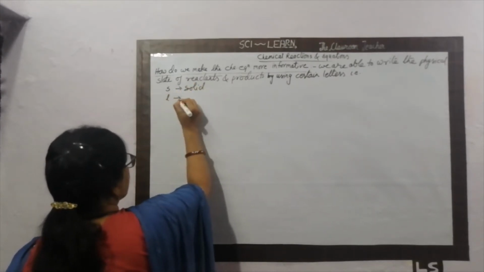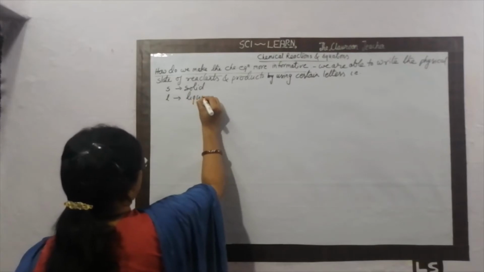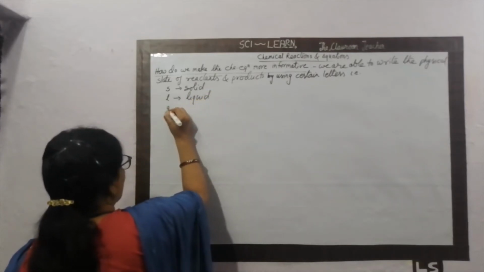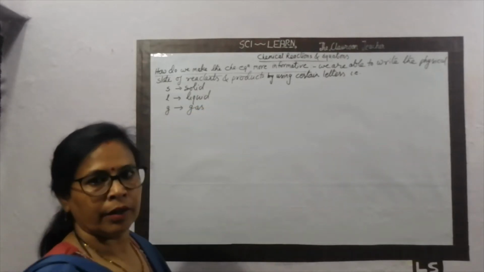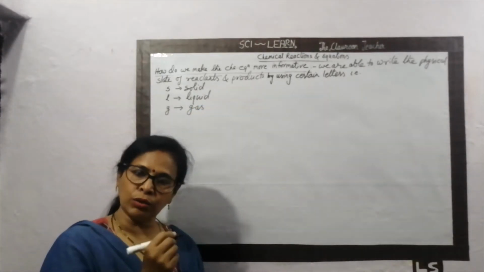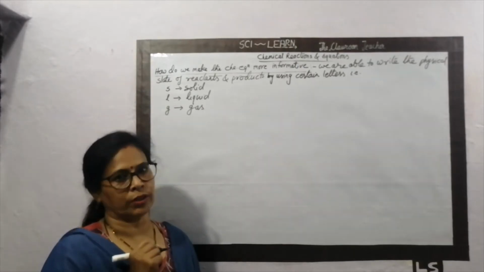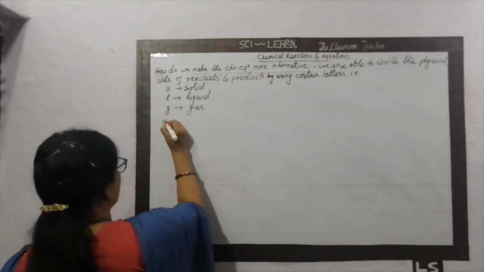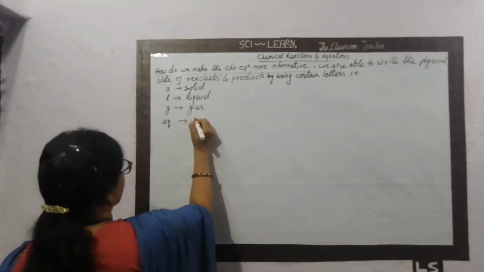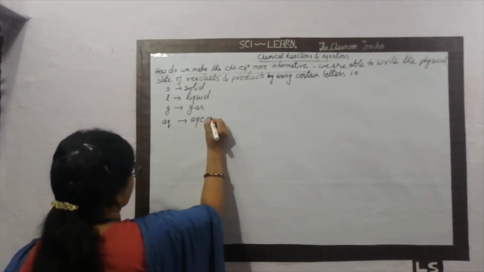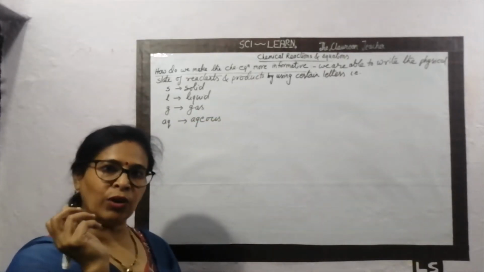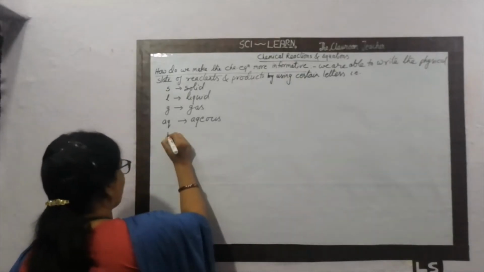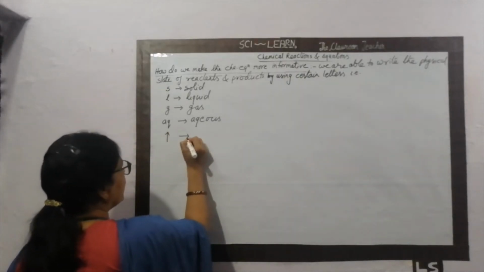L is for liquid. Small g is for gas. If we make the solution of the substance in water, then we have to use aq, that is called aqueous. If any gas is evolved in the process, we have to use one upward arrow.